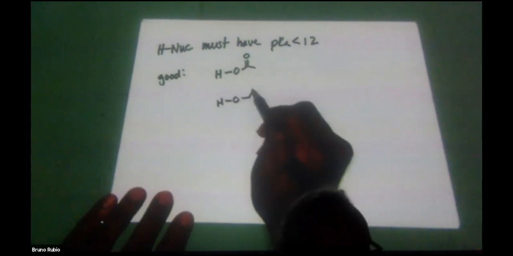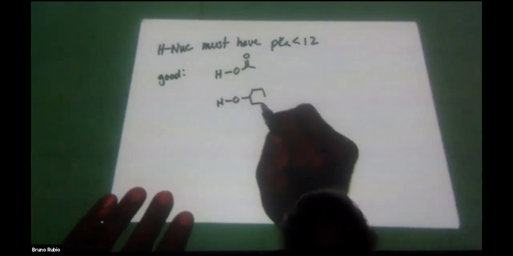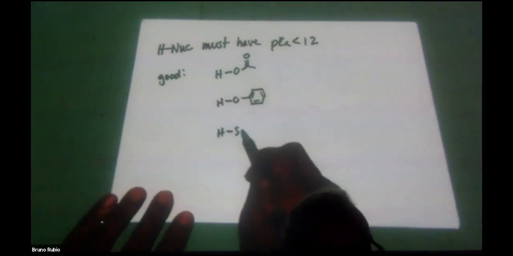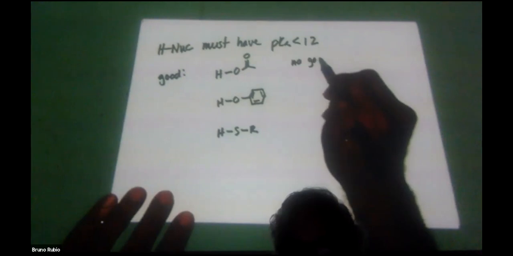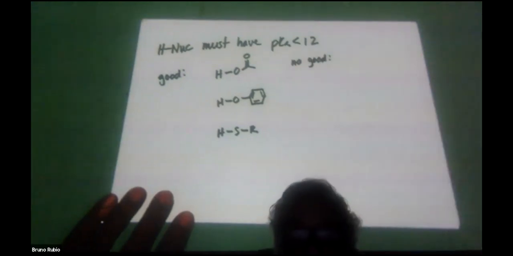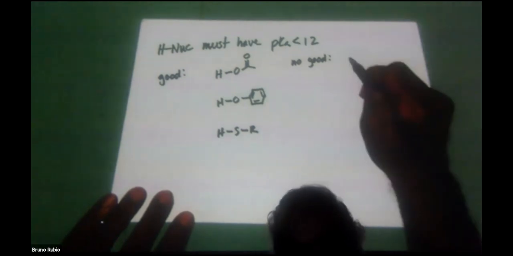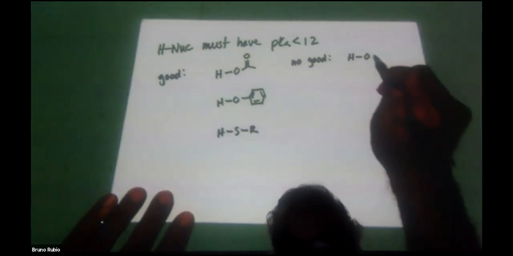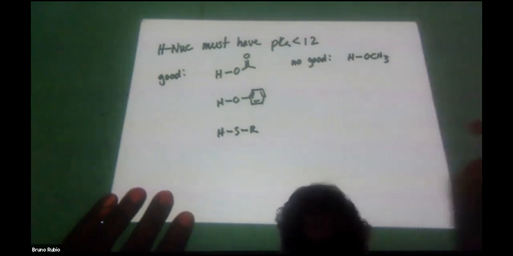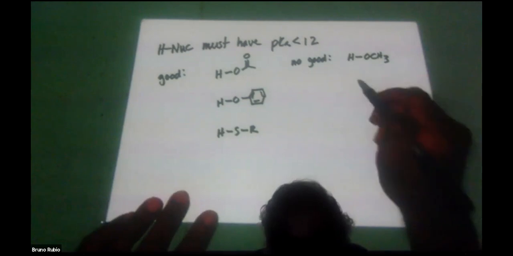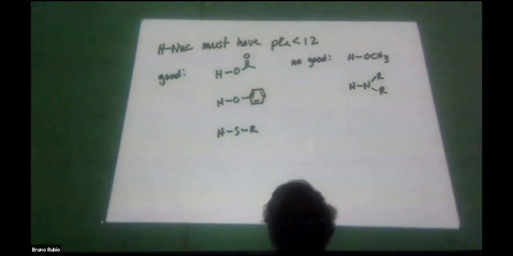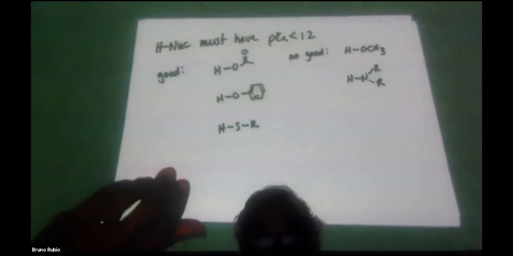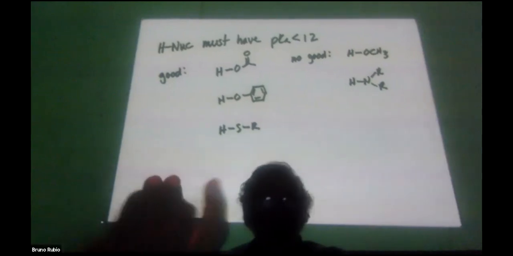H-nuc can be a phenol, pKa 10. What else can H-nuc be? H-nuc can be a thiol, pKa also 10. No good: anything where the H-nuc isn't acidic enough, water or an alcohol, no good. An amine, no good. Right, so there are limitations to what the nucleophile can and cannot be in a Mitsunobu reaction.